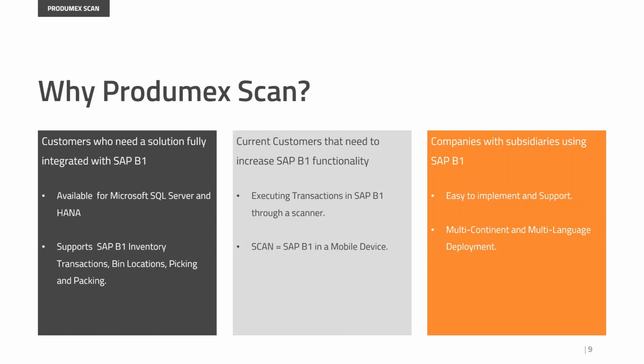Also, current customers that need to increase this SAP functionality and increase their speed working in their warehouses, because we execute inventory transactions in SAP using a scanner. So having a scanner with Produmex Scan is like having SAP Business One in a mobile device.